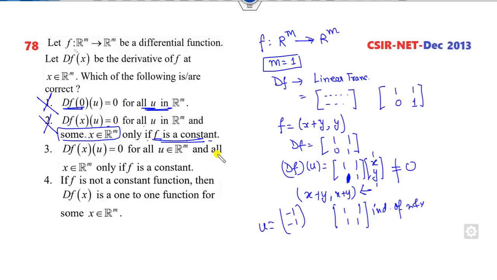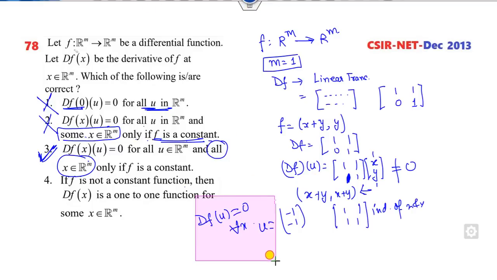Okay, if he said for all x, what is the meaning of that? If this is 0 for all x, definitely it will be a constant. What is the meaning of f is not a constant? I can consider the same example here, x plus y, then df is not 1 to 1. How can you prove that df is not 1 to 1?